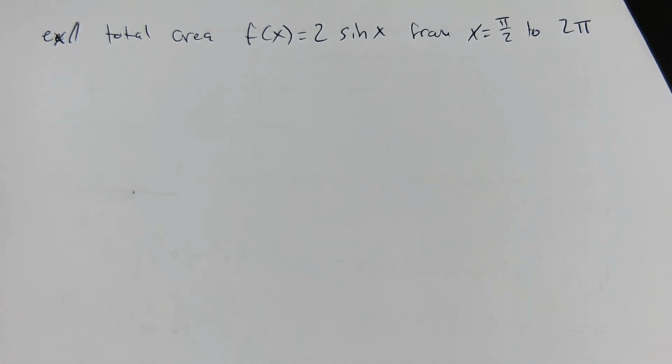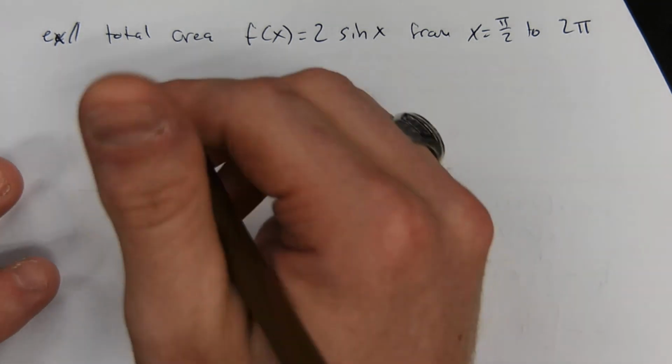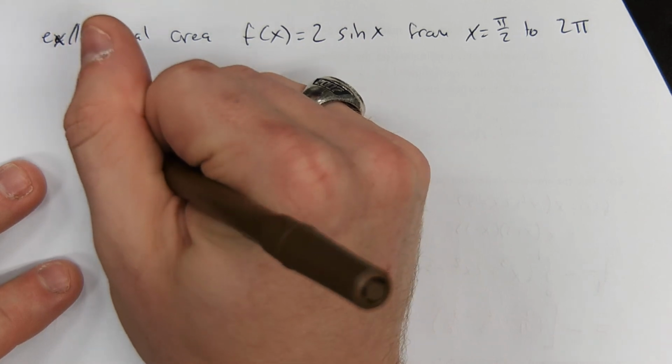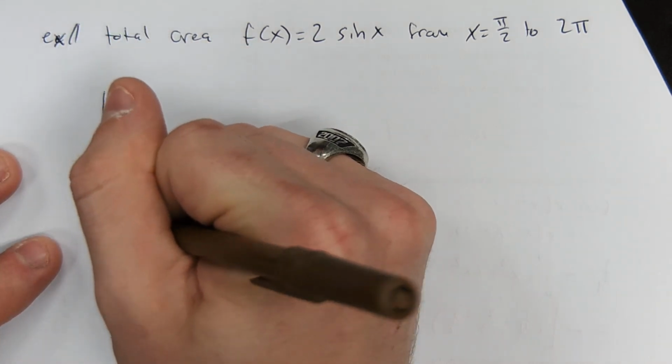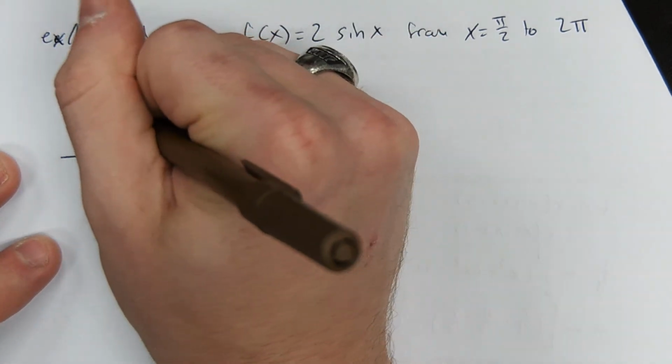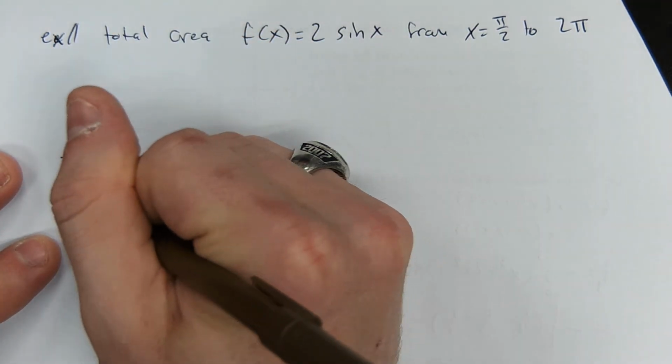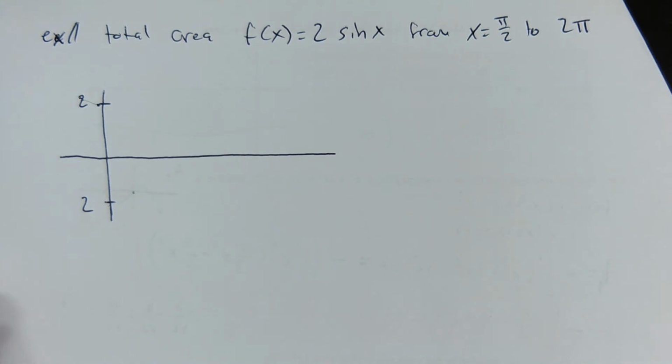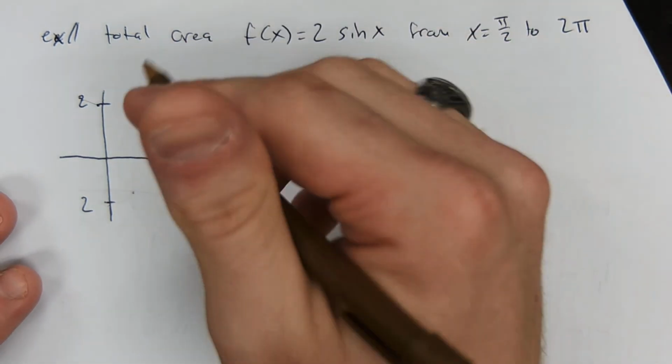That way we can split the region appropriately and integrate the two different areas, giving the regions that are below the x-axis a negative sign in front of them, and the regions above, we just say plus that region. So 2 sine of x has an amplitude of 2. So we'll just cheat and do that. And has a period of 2 pi.